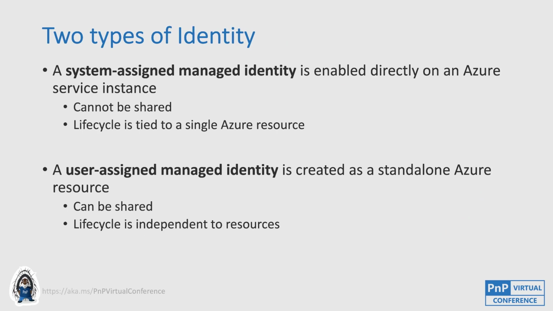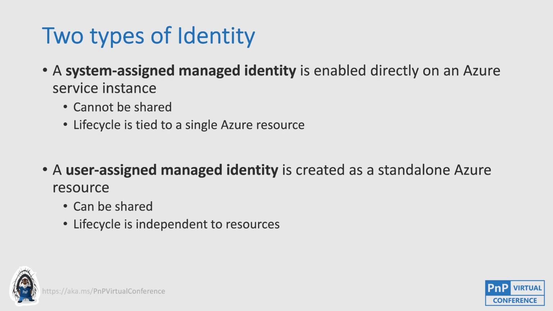With Azure Managed Identity, there are 2 distinct types of identities that you can enable: system-assigned managed identities and user-assigned managed identities. A system-assigned managed identity is enabled directly on an Azure service instance, for example an Azure virtual machine, and it cannot be shared with any other resource in the tenant.